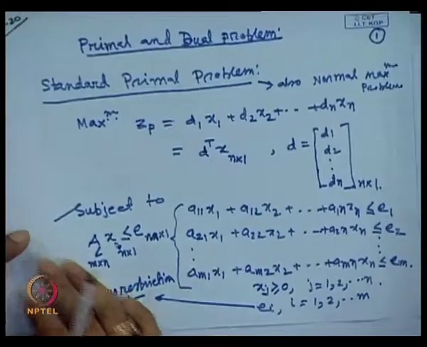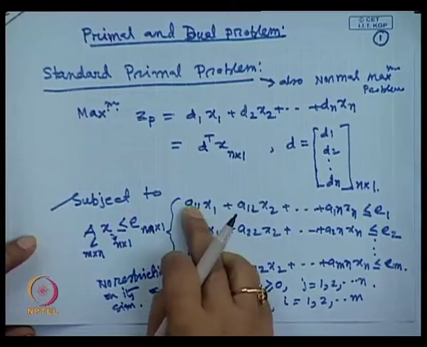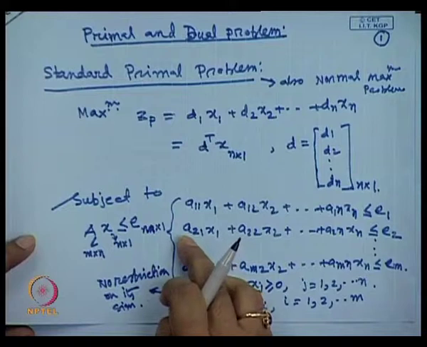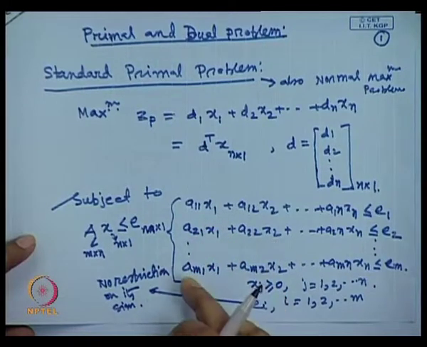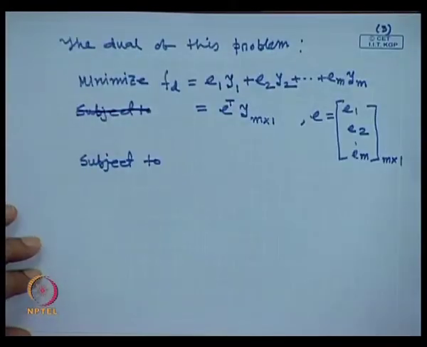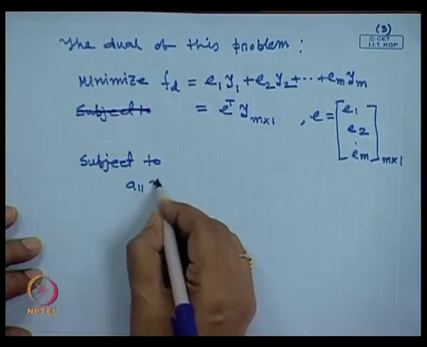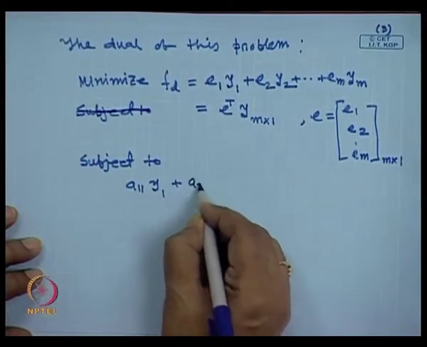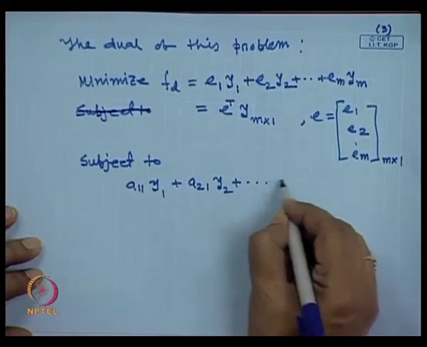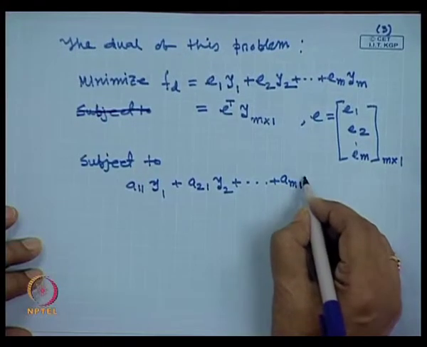Reading A column-wise, I am writing the first constraint equation: A11 multiplied by Y1, A21 multiplied by Y2, and so on up to Am1 multiplied by Ym.